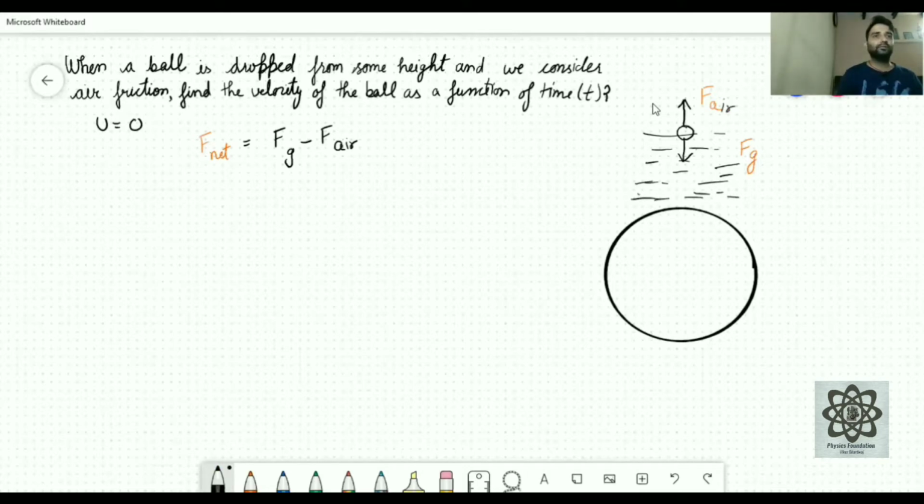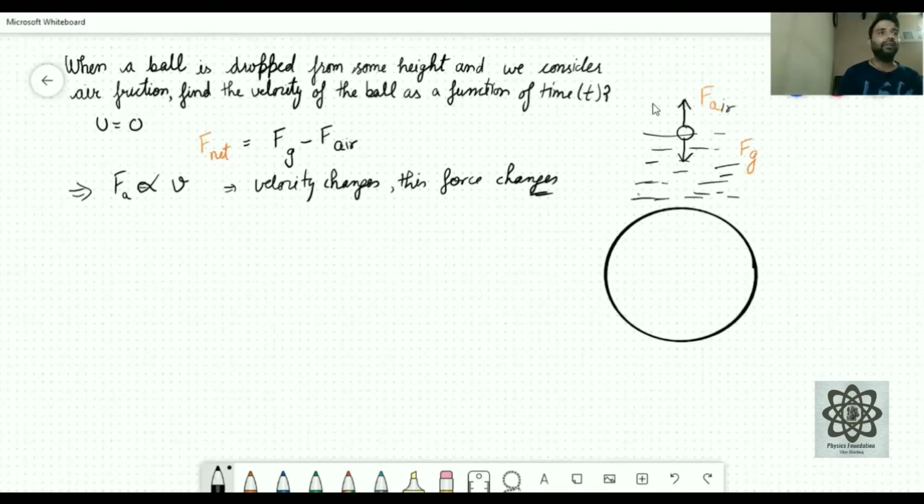Now this force from friction of air is actually directly proportional to the velocity of the object. So this means that as the velocity changes, this force also changes. Generally Fa is directly proportional to V, but it is not limited to this.